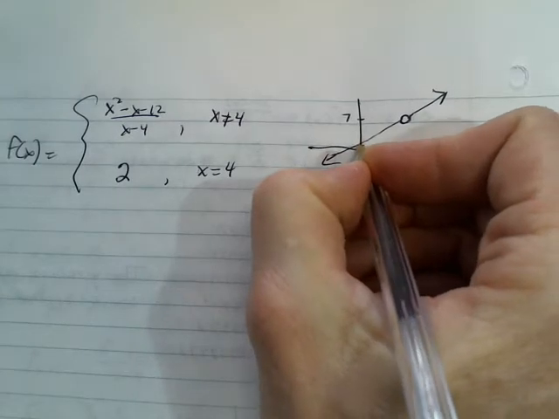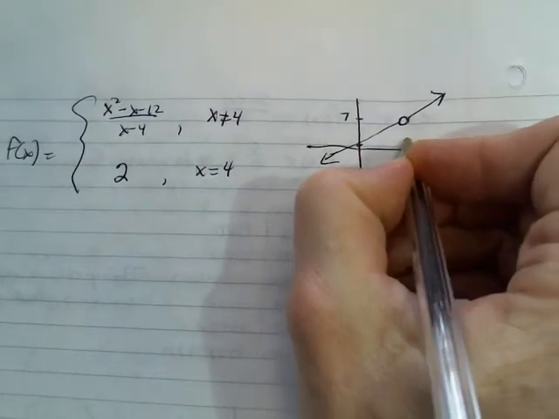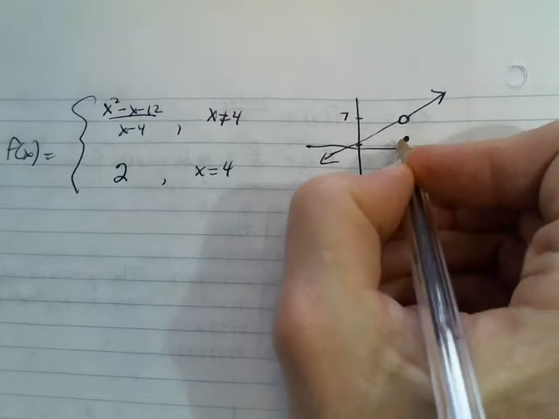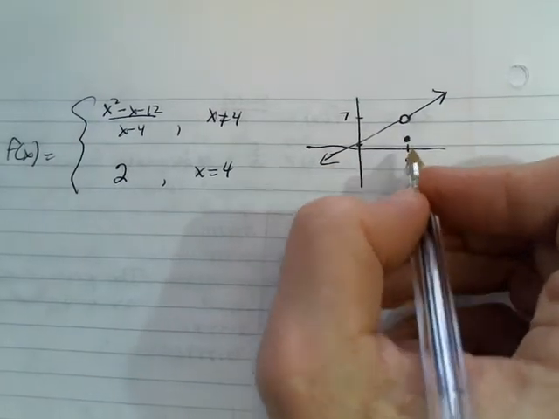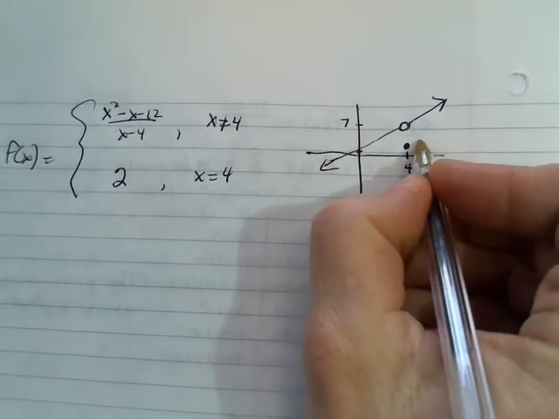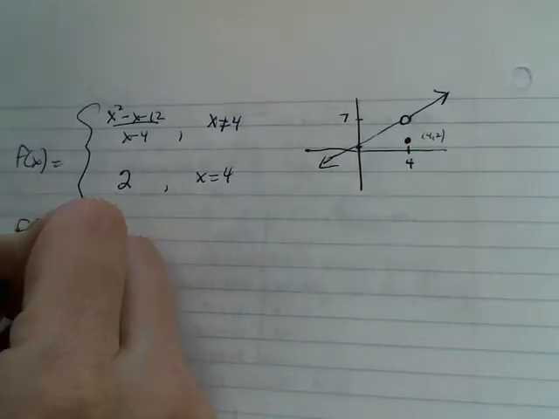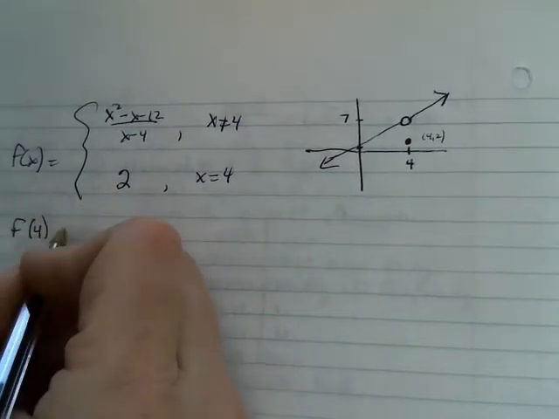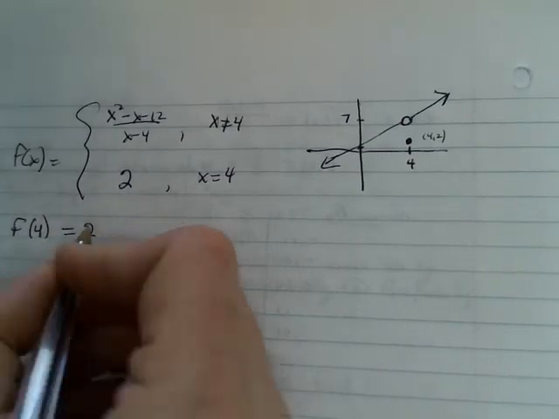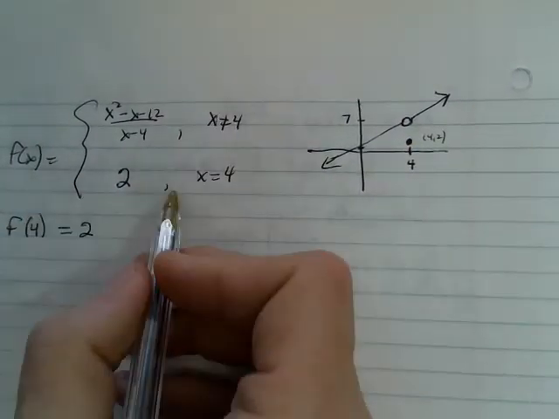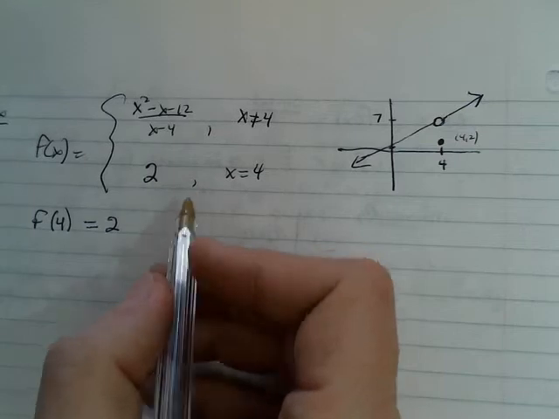So 2 is right underneath here, so we would have a point defined here at 4, 2. So f of 4 is actually equal to 2. Right here, that's what the piecewise function says.